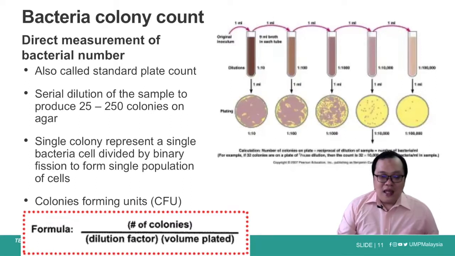The volume plated here is 1 ml. So for example, if we have 32 colonies in the plate, we're going to multiply 32 times 1 times 10 power 4 divided by 1 milliliter.